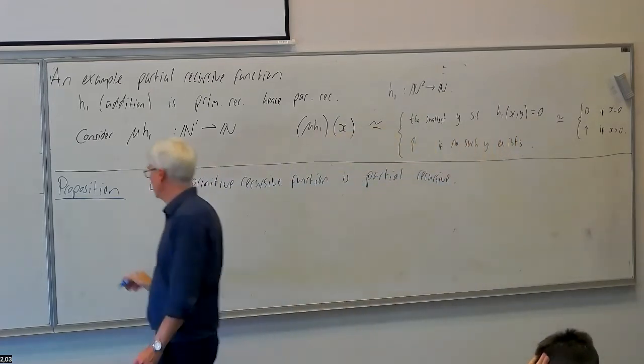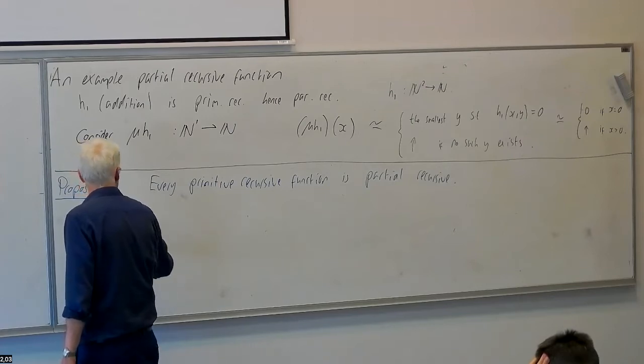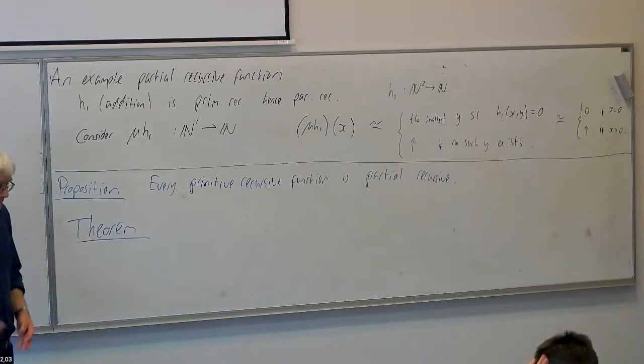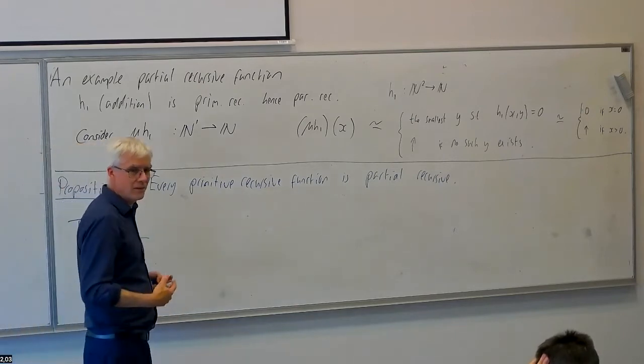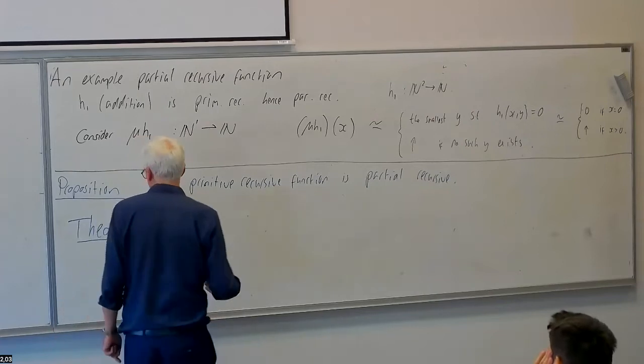The theorem is our main theorem for today, and what I want to do in the remainder of the lecture is prove it. I mean, not in full detail, because it's not a very nice thing to prove in detail, but the ideas behind the proof are interesting.